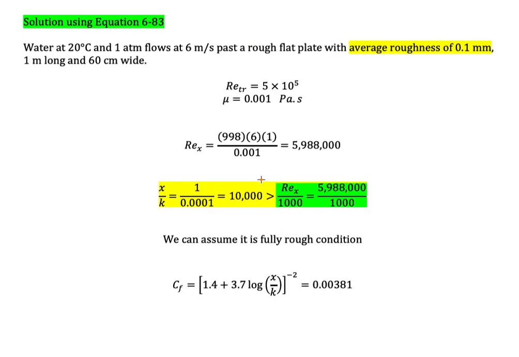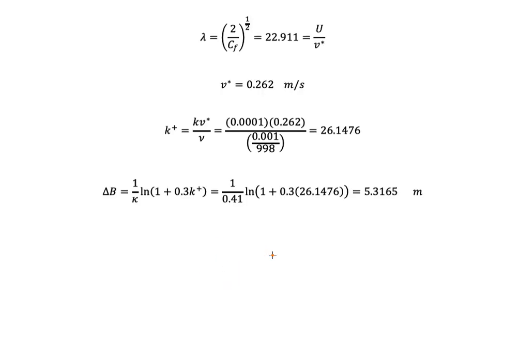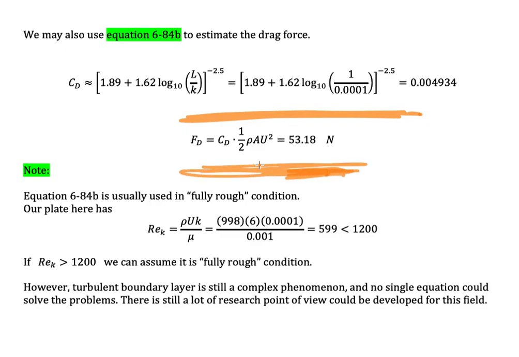We can also calculate the value of CD, and finally we get the value of FD by using this equation. We substitute everything, and we get almost the same result. The correlation is quite good, so we could assume that for rough conditions, the value of CD can be estimated by using this equation.